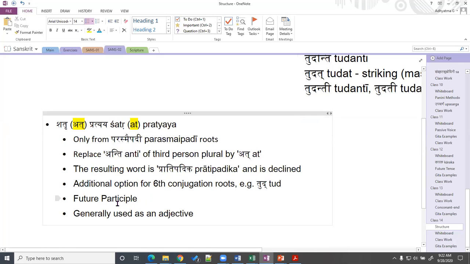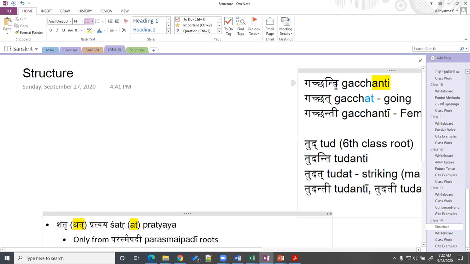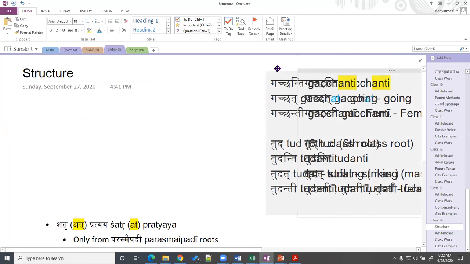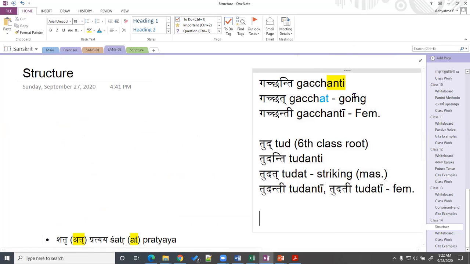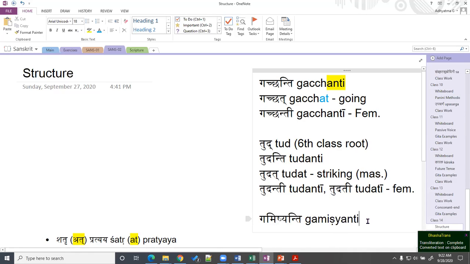There is also a future participle. Exactly in the same way, you can make it. So for gachanti, you will have gamishyati or gamishyanti. So here also you can actually make gamishyat.